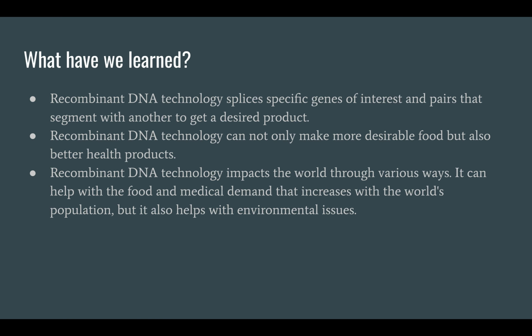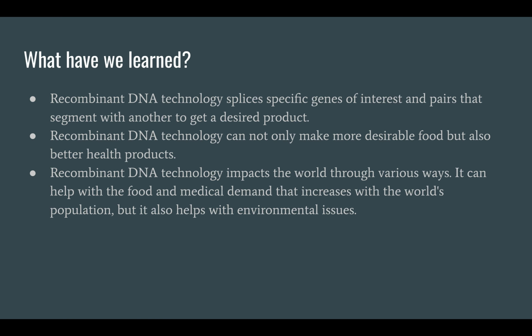And recombinant DNA technology impacts the world in a lot of ways. Like I was stating in the last few slides, it helps with food, it helps with medicine, the medical demand that is increasing with the world's population, and it helps with environmental issues by converting that waste. Overall, it's really useful because, specifically in agriculture, you wouldn't be relying on just conventional breeding.